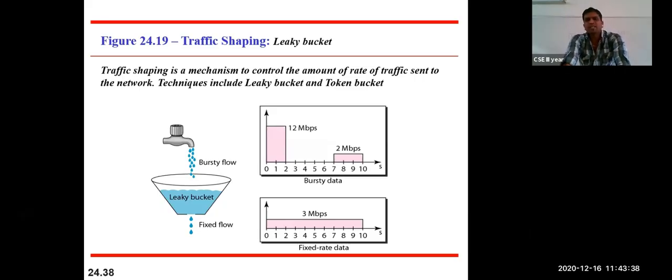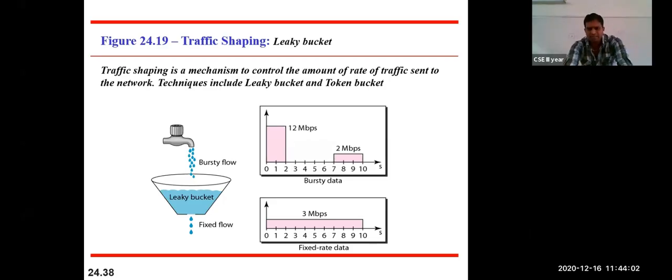So we will implement an algorithm called the leaky bucket algorithm. However fast or however good or bad the inflow of the data is, the outflow will be constant. Accumulate them, send them at a constant rate outside so that the network doesn't get congested. That is called the leaky bucket algorithm.